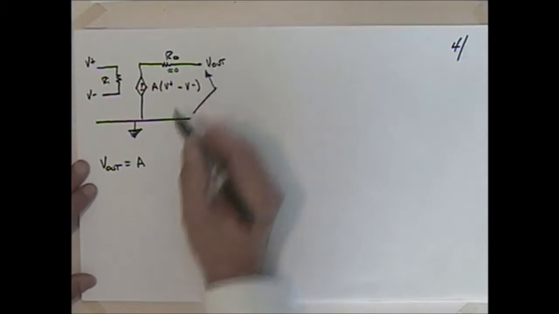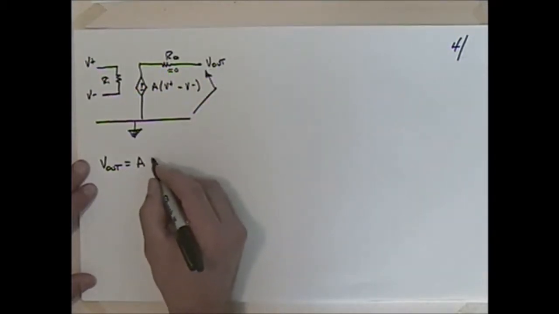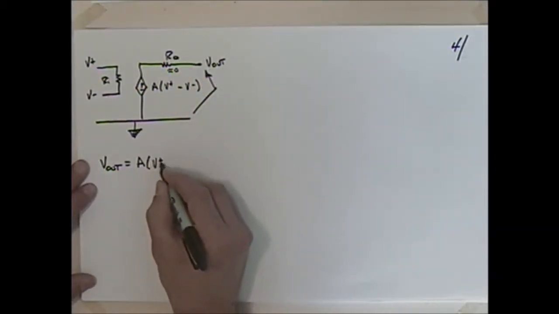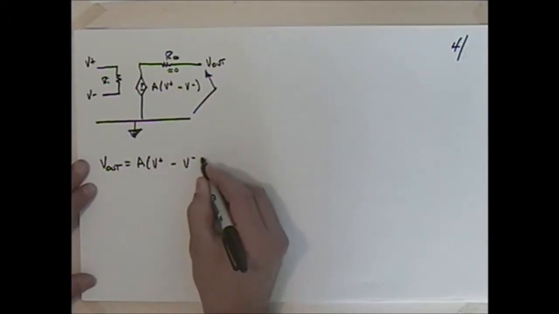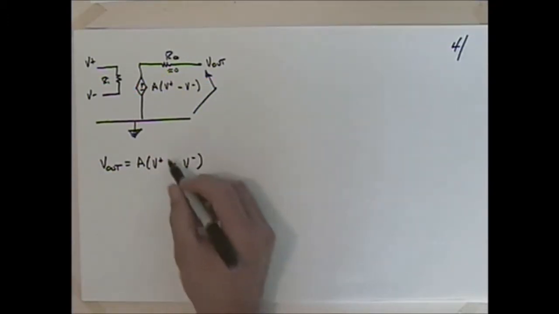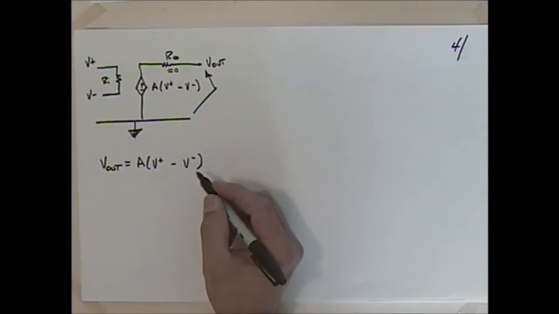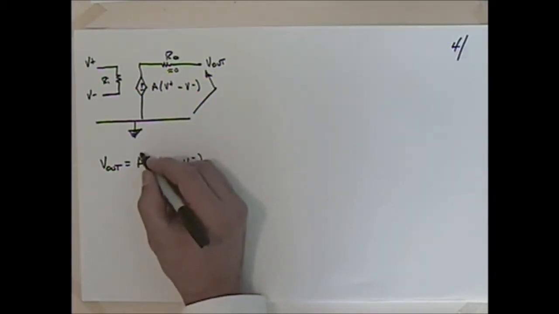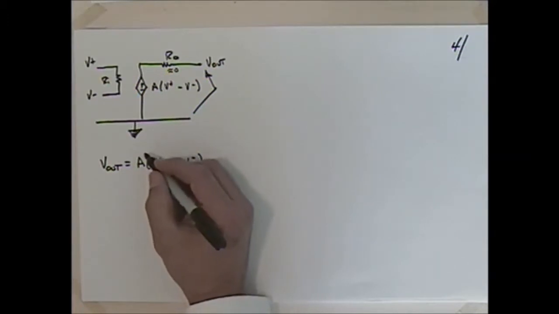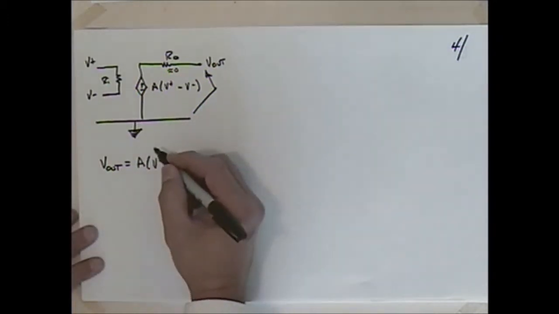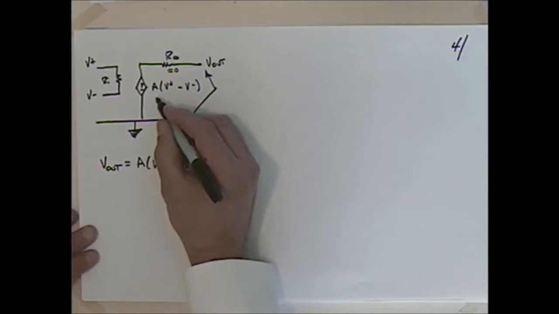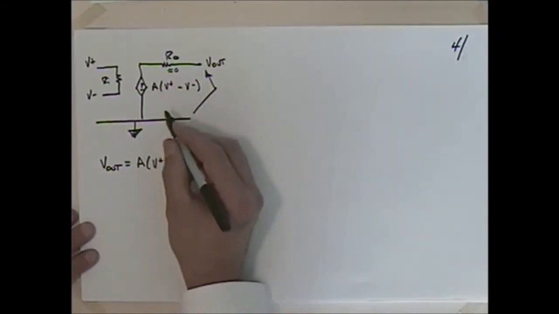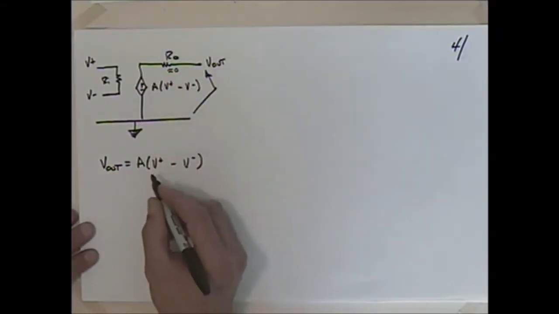So if it's small enough, we can say that the output voltage there is simply equal to A times V plus minus V minus. Okay, so the difference between those two voltages. And sometimes they refer to this A as the open loop voltage gain. But we said it was our internal gain. Those are both common designations for that.